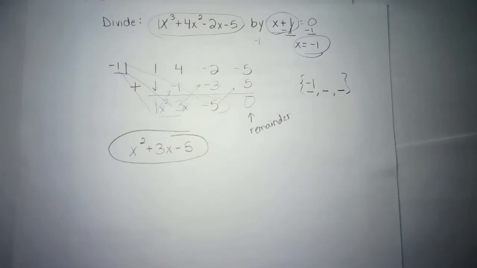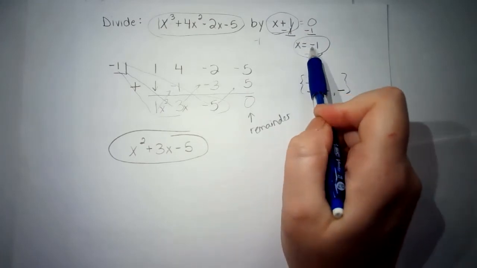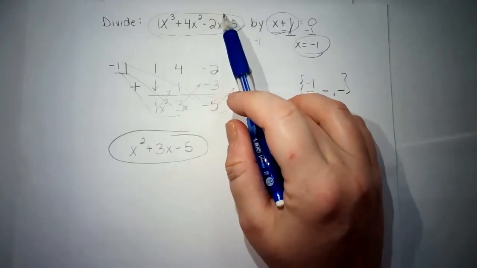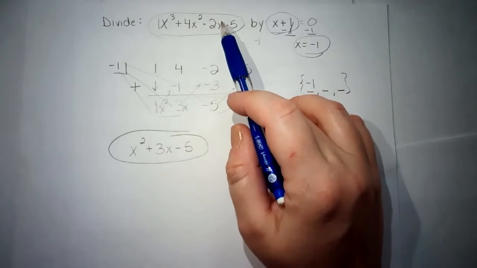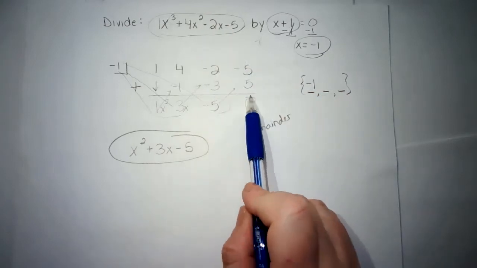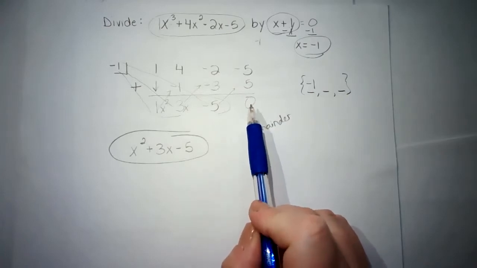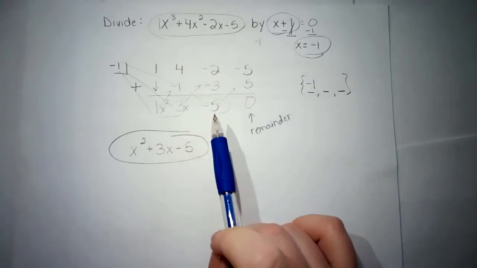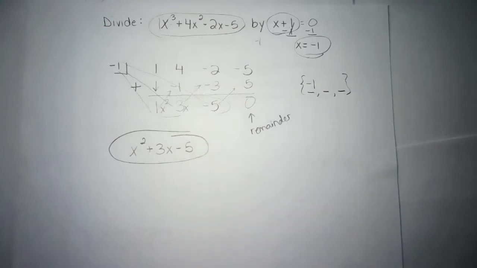And that's how you're going to solve these giant polynomials, is that you're going to have a number that you test to see if it's a 0, to see if it's a solution. And the way you do that is synthetic division and see if it has a remainder. If it doesn't have a remainder, it's a solution. If it does, it's not, and you'll have to try something else.